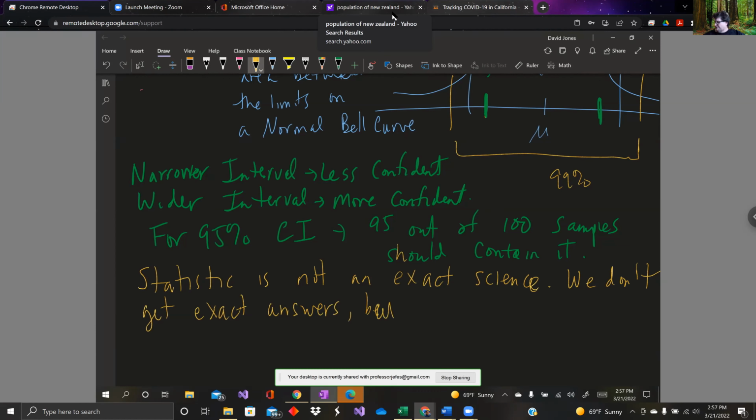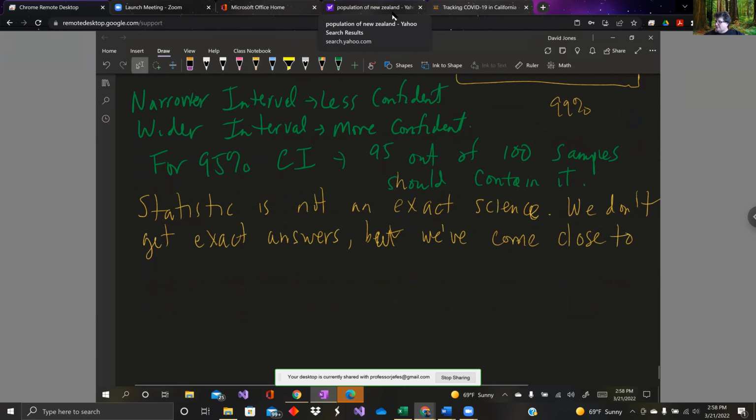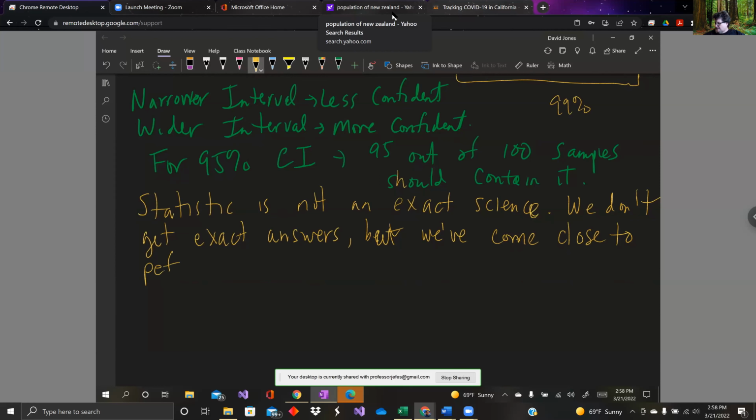But we've perfected estimating it. Well, come close to perfecting. There's probably always room for improvement. Perfecting how to get an estimate from a sample.